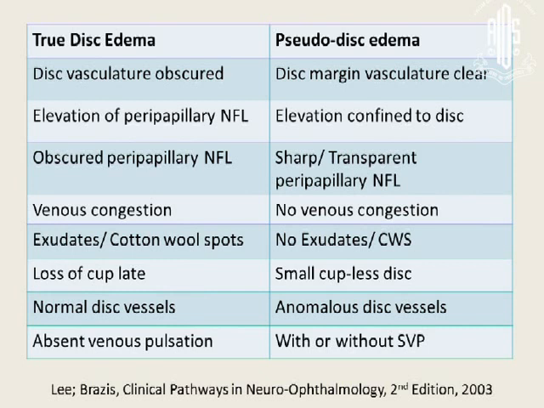If the intracranial pressure is raised, the venous pulsations will disappear. If you have seen the patient in the earlier stage when the pulsations were present on the disc and later on they disappeared, it is strongly indicative of raised intracranial pressure. So all these features will help you in arriving at a correct diagnosis when you arrive at the stage of disc edema.